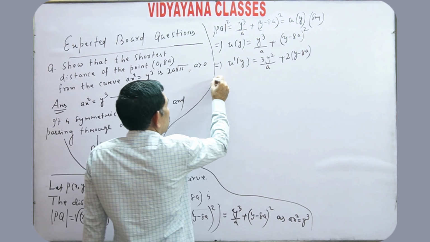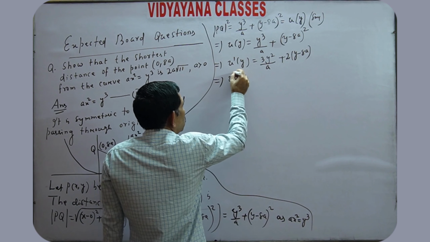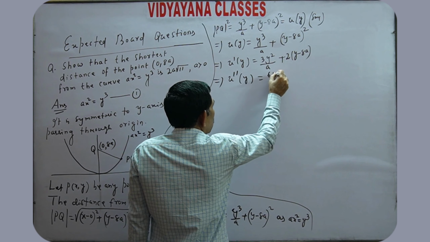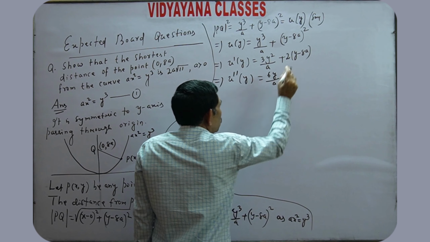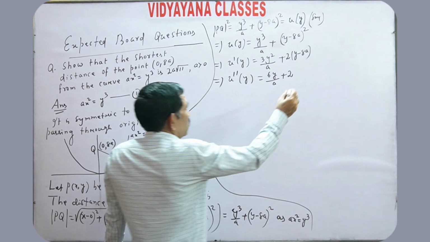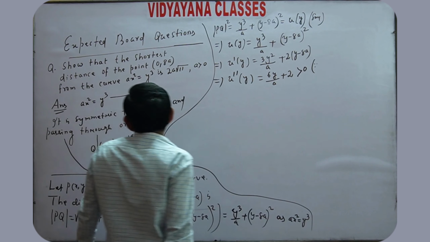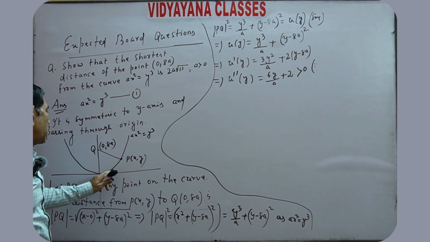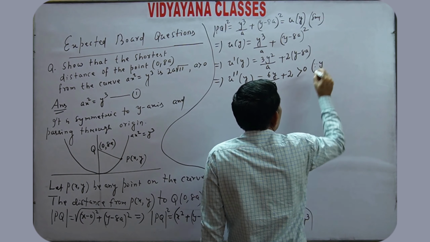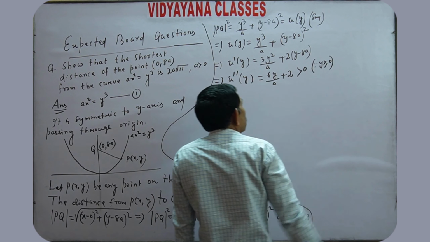Okay. Again differentiating with respect to y, u″(y) is equal to 6y/a + 2, which is greater than 0, since y is greater than or equal to 0.